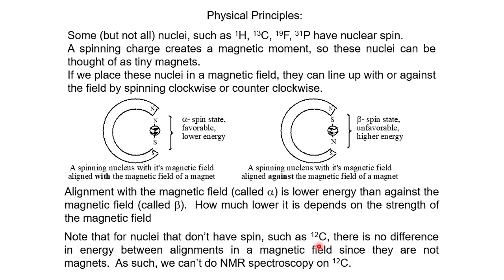Okay, now note the nuclei that don't have spin, for example 12C, which is the most common carbon isotope. There is no difference in energy alignments in the presence of a magnetic field because it is not generating a magnetic moment, as there is no unpaired proton. When there is an unpaired proton, that will generate the magnetic moment.